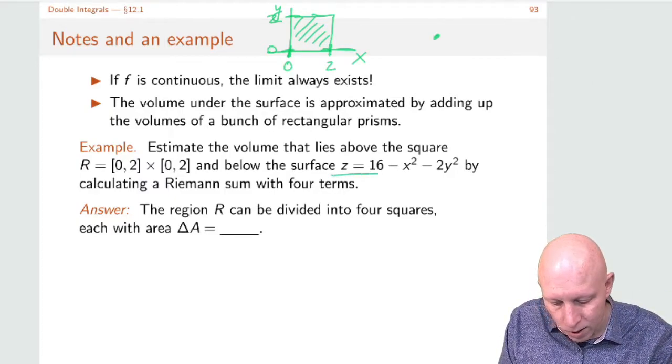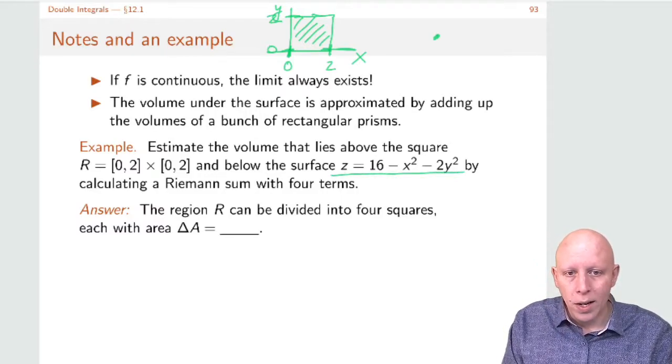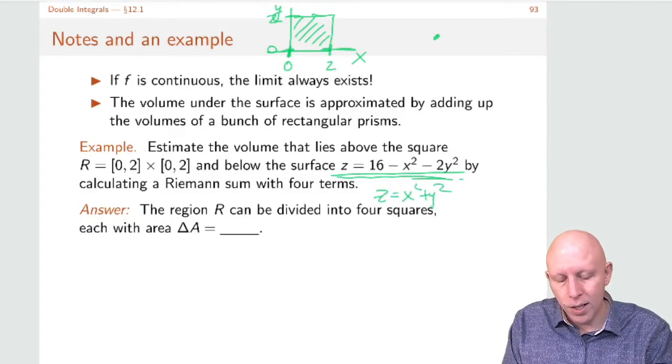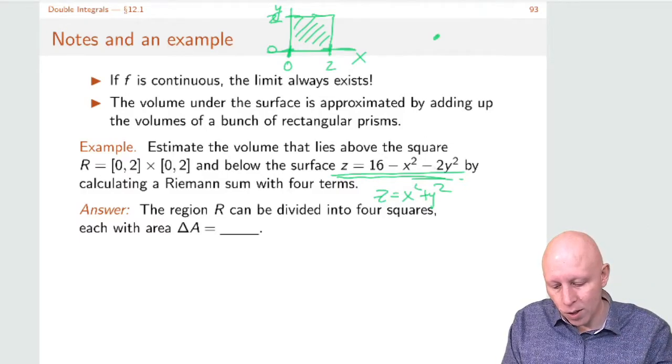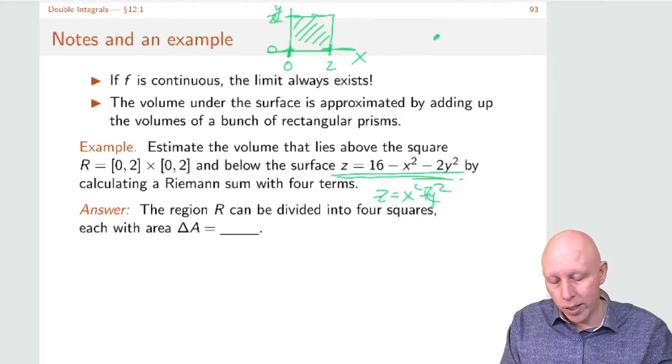We see this surface 16 minus x squared minus 2y squared, and if you think about what's happening with this, if we had z equal to x squared plus y squared, that's a paraboloid going upward. And similarly, z equals x squared plus 2y squared, that's an elongated paraboloid.